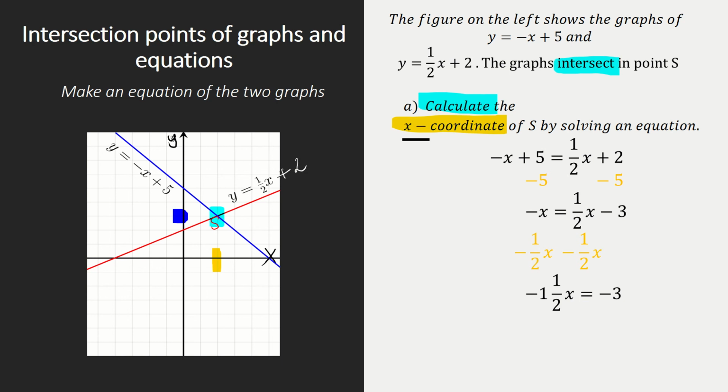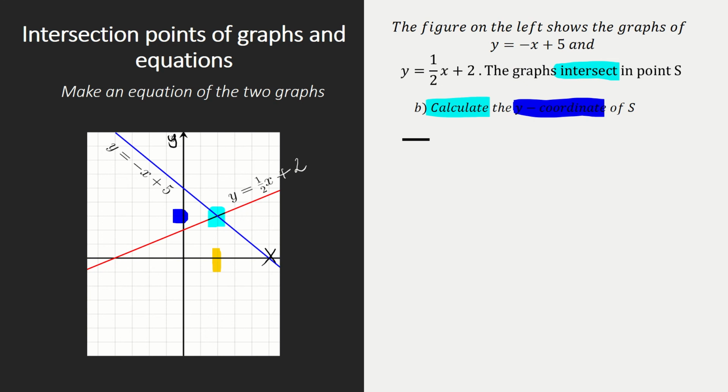So therefore we need to divide everything by minus 1/2. So when you divide everything by minus 1/2, you get x equals 2. And yes, we can check in our picture, this needs to be 2, so we did our calculations correctly.